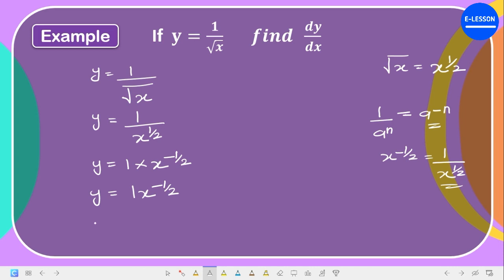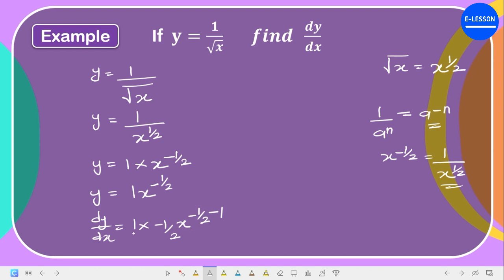So what would be our dy/dx? dy/dx would be equal to, you use this power, of course you know that this power is minus 1 over 2, you use this power to multiply 1, so this becomes 1 times minus 1 over 2 x, then minus half, you subtract 1 from the power.